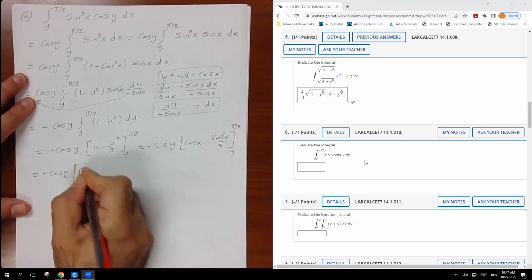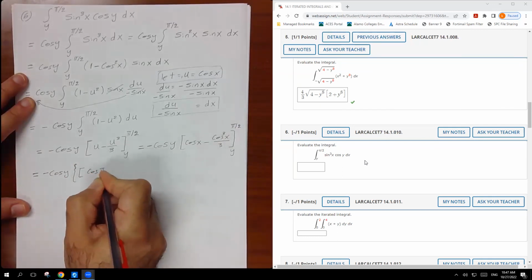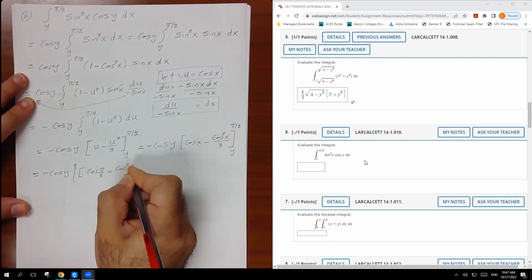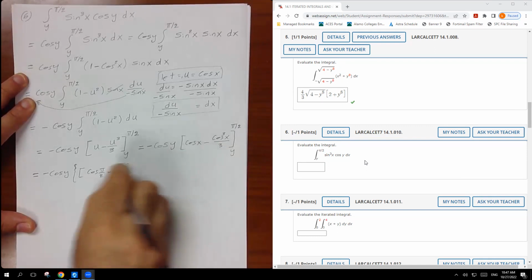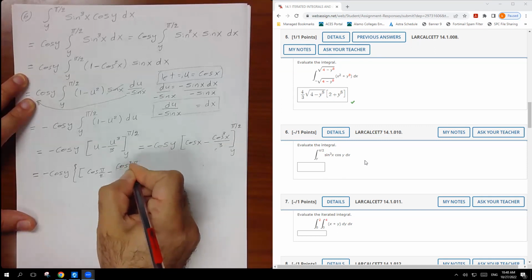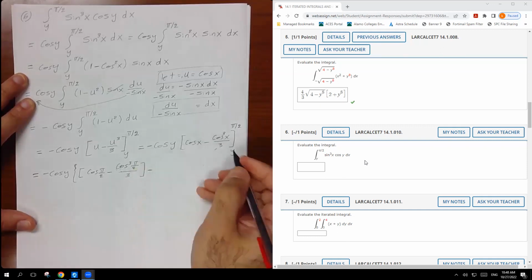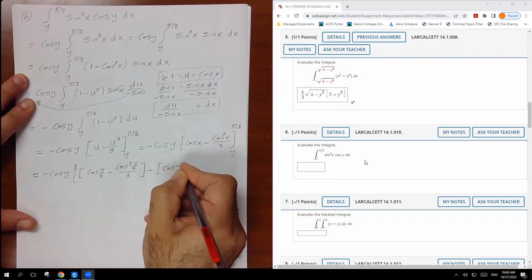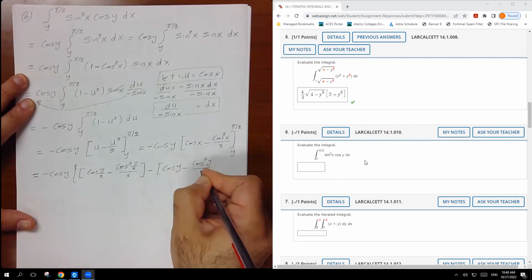And here, the top part is going to be plug in pi over 2: cosine pi over 2 minus cosine cubed pi over 2 over 3, minus, plug in the y, so it's going to be cosine y minus cosine cubed y over 3.